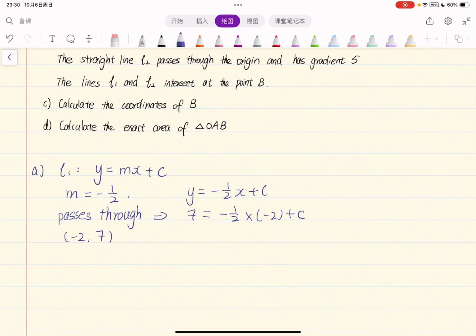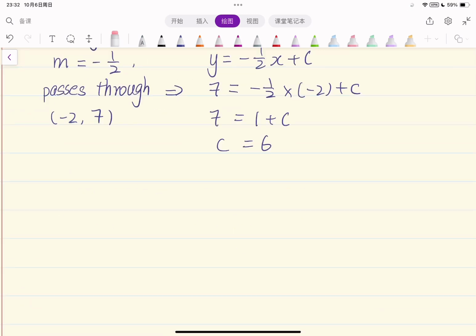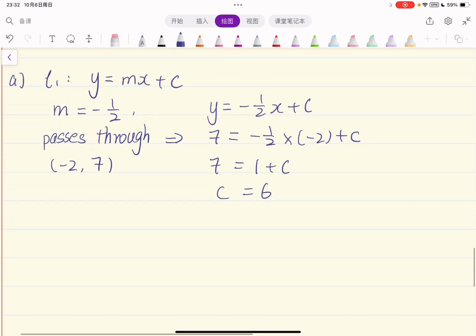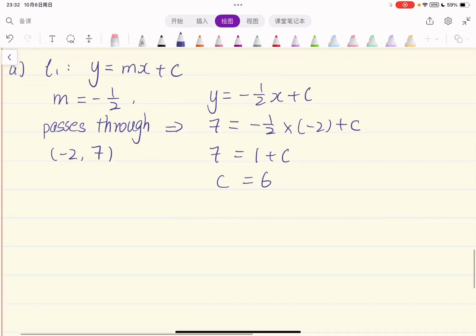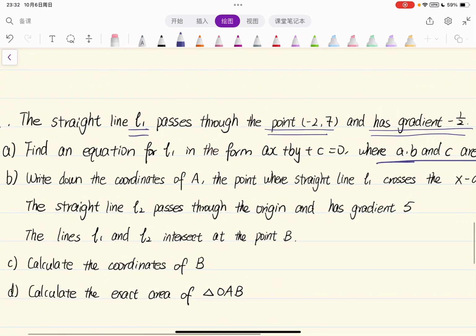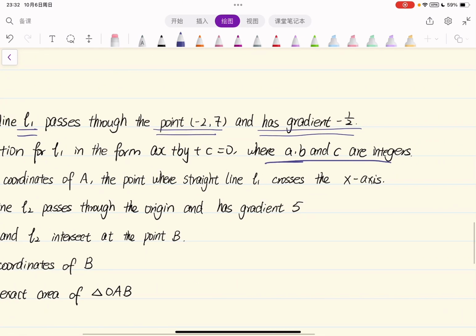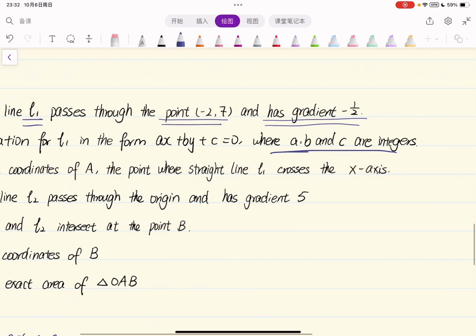Then we have 7 = 1 + c, so c = 6. Thus, we can write the equation of L1: y = -1/2 x + 6. But the question asks you to write it in the form ax + by + c = 0, where a, b, c are integers.